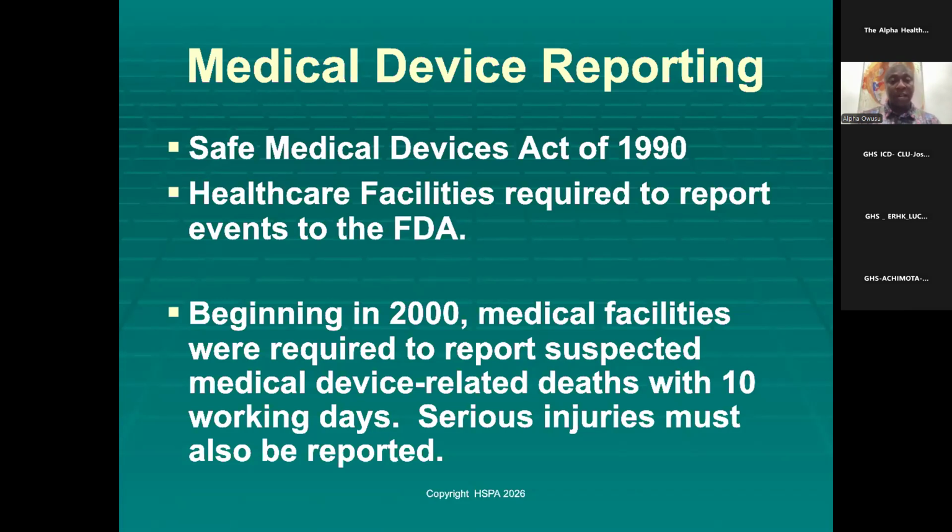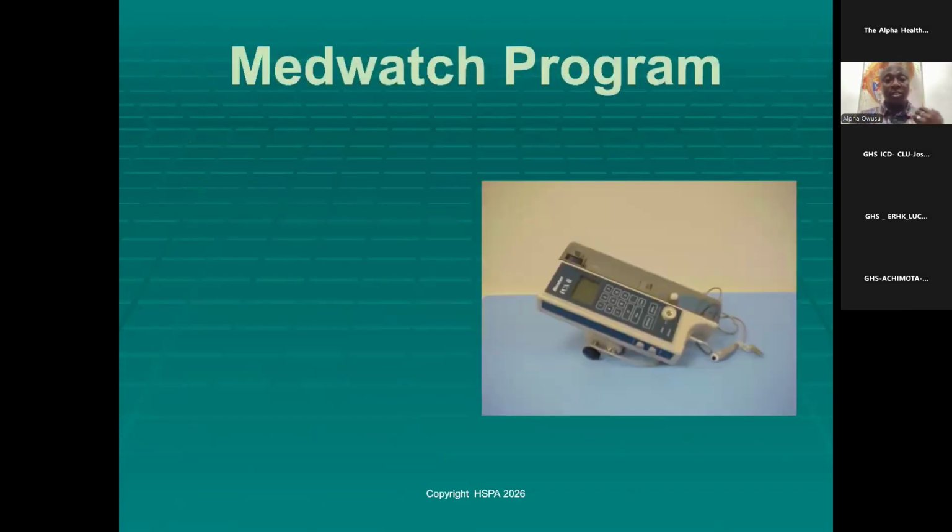And so we have to get to where all these things will be reported, right? We call something the MedWatch program, where people in the department, in the hospital, listen, as a sterile processing technician, you are a patient advocate because these instruments are used on patients that they don't know.